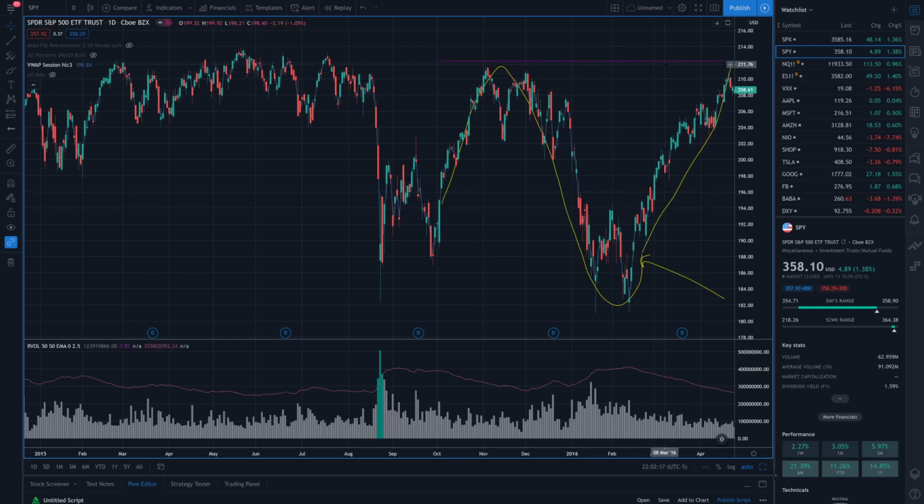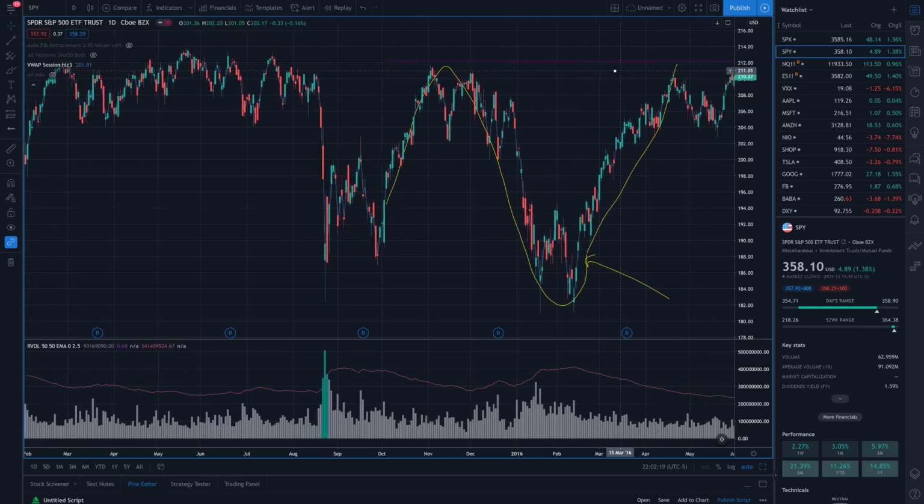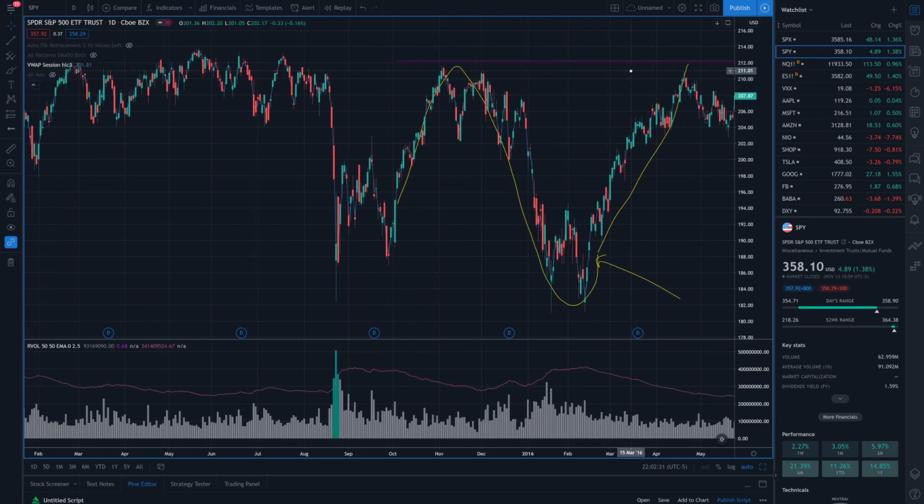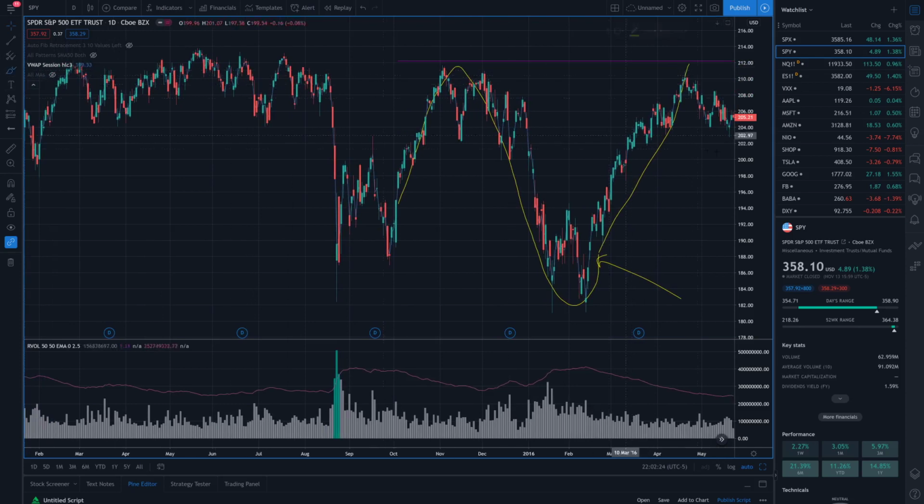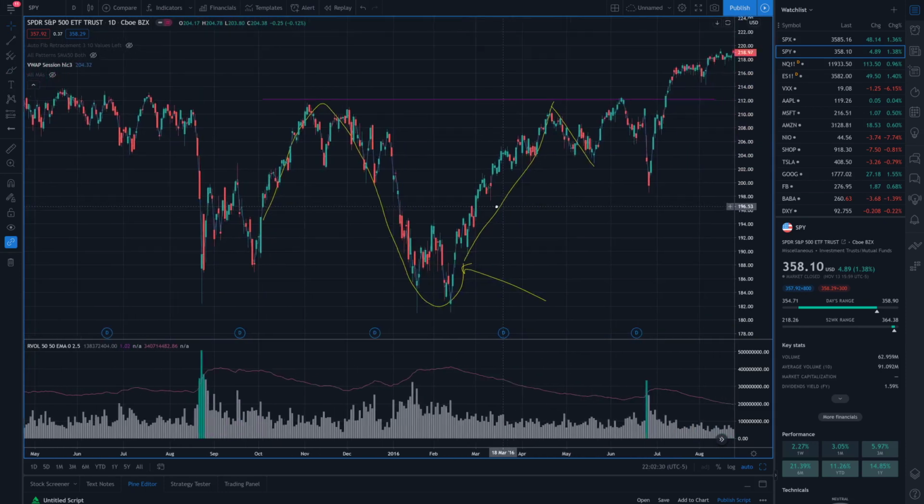And so the handle is the slight pullback. And you see it fell down right there. This is the slight pullback. That's the handle. But then after that, it's going to pop right back up.